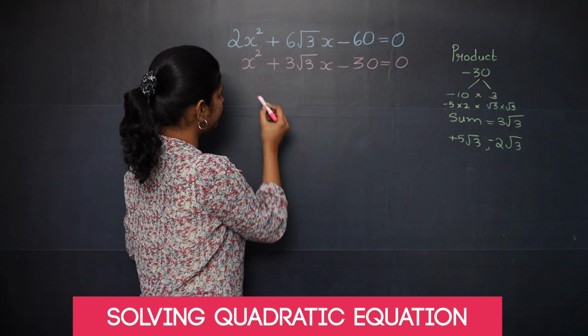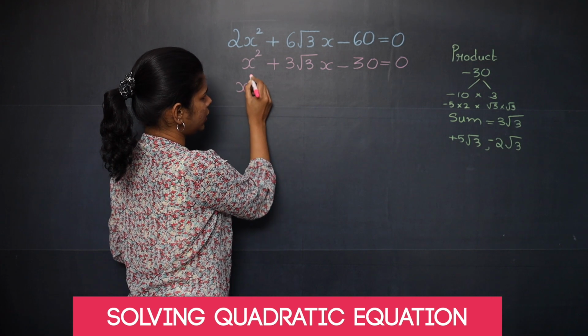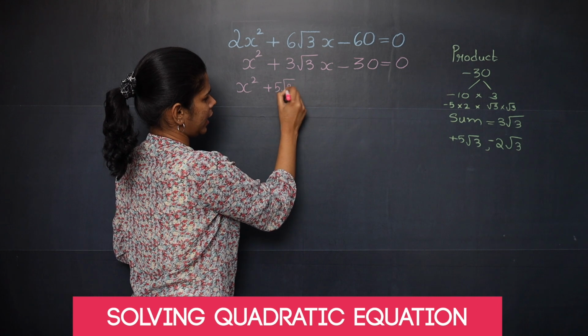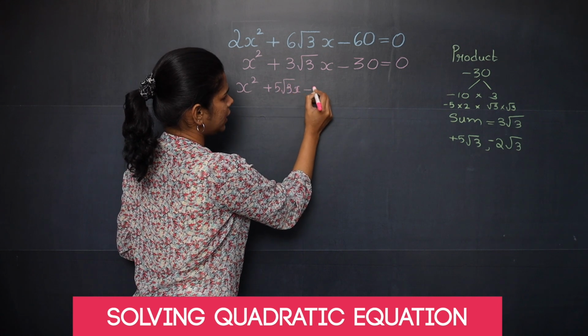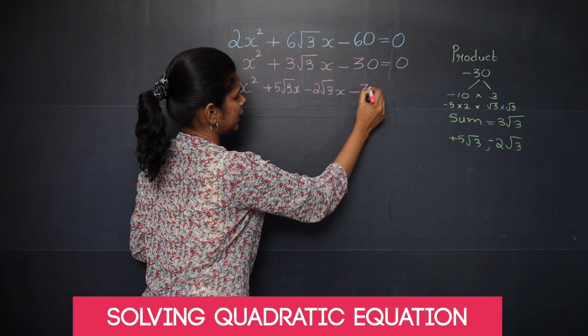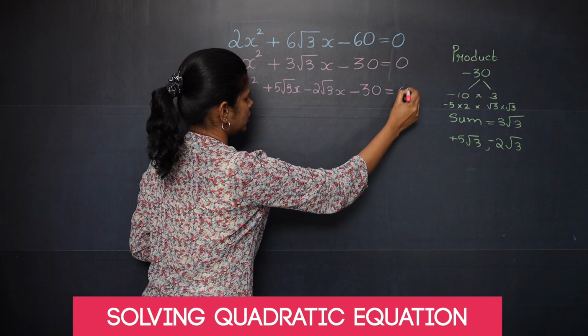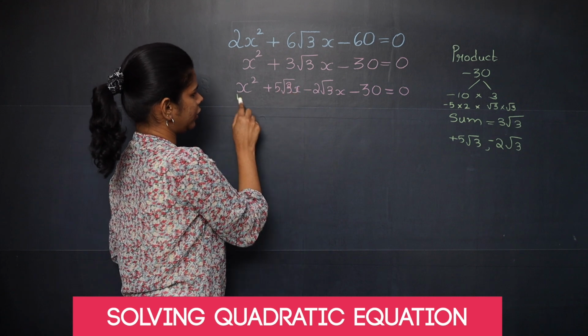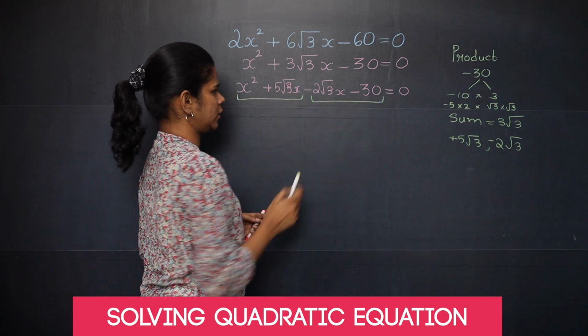So it will be x² + 5√3x − 2√3x − 30 = 0. Now you should check the first two terms and the last two terms.